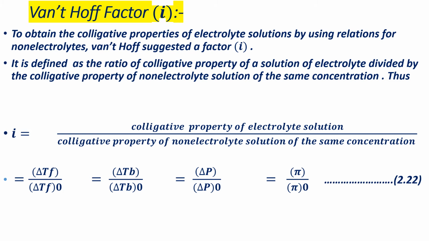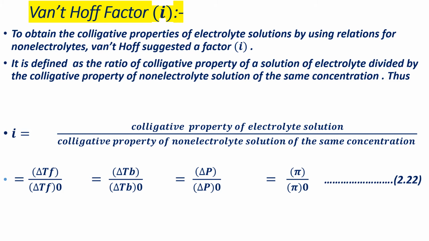Next point, the van't Hoff factor. That is also an important point. To obtain the colligative properties of electrolyte solutions by using relations for non-electrolytes, the van't Hoff factor i is used.